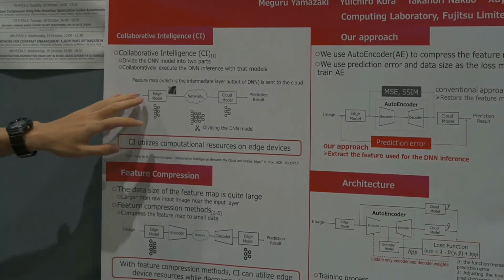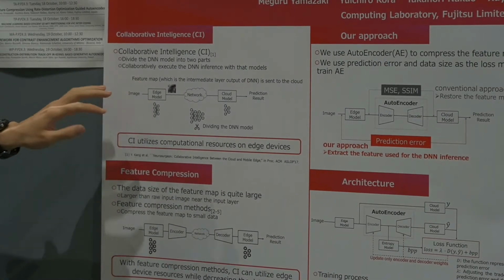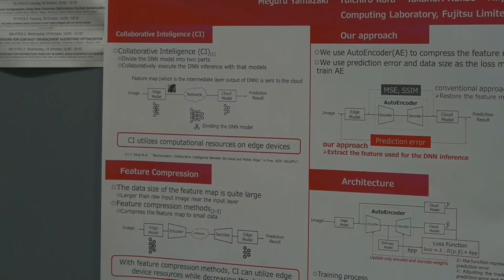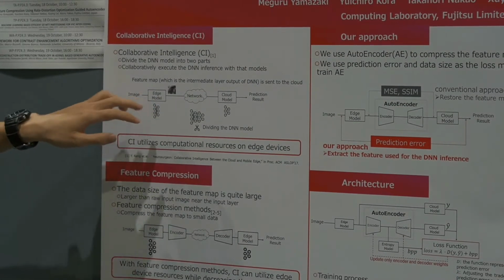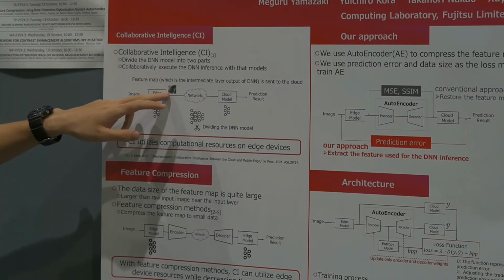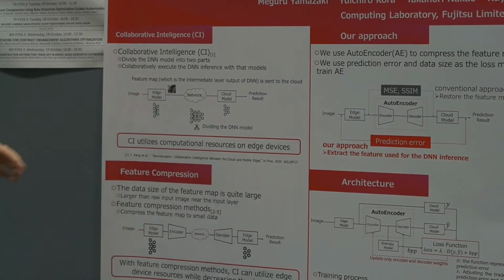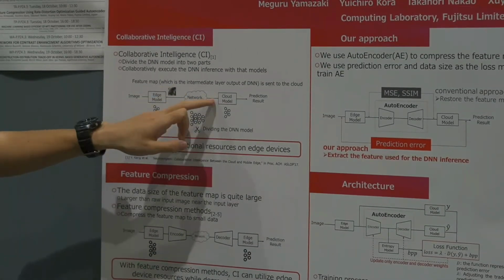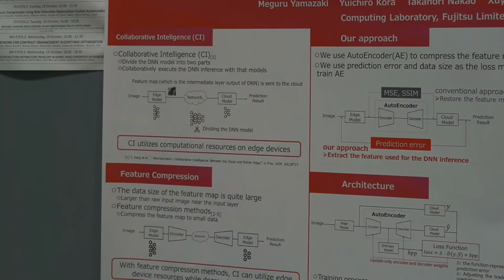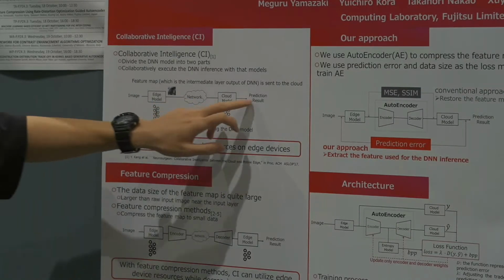The edge device collects the input image with a camera, executes the first part of the DNN model, and then transmits a feature map. The feature map is an intermediate layer output of the DNN. The cloud receives the feature map and executes the second part of the DNN model to get the prediction result.